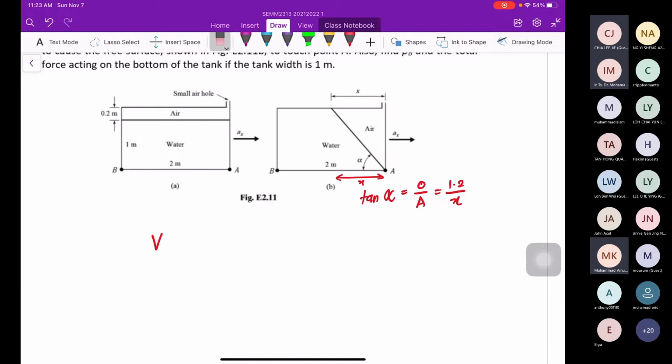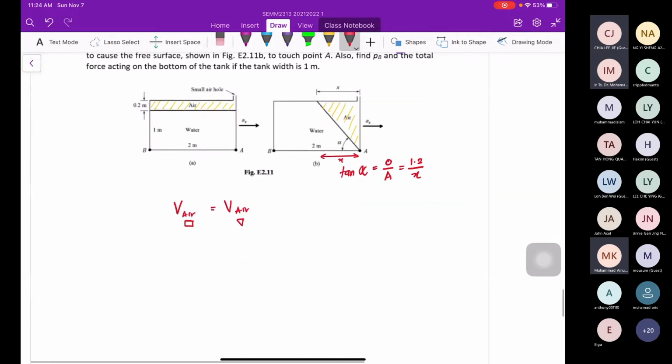The volume of this air is the same as this volume, but the difference is the shape. The volume of air before is like this, equal to the volume of air after, like this. The volume will not change.